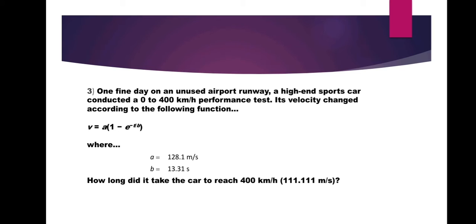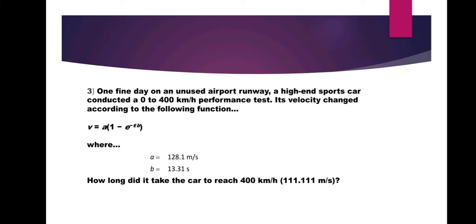Another problem statement is: one fine day on an unused airport runway, a high-end sports car conducted a 0 to 400 km per hour performance test. Its velocity changed according to the following function: V equals A(1 minus e power of negative t divided by b), where A is 128 miles per hour per second and B is 13.31 seconds.